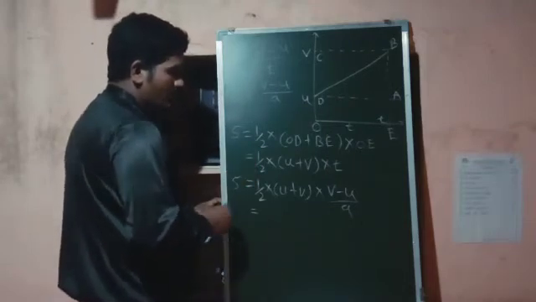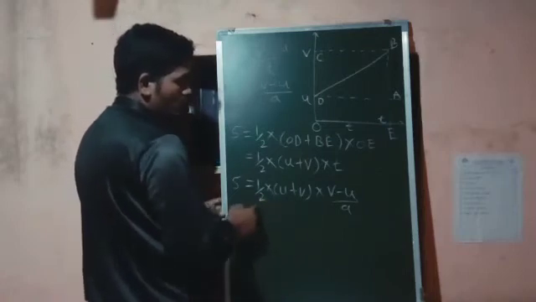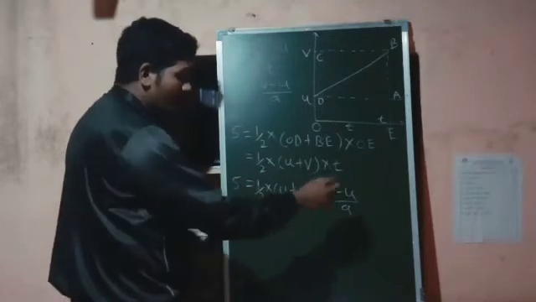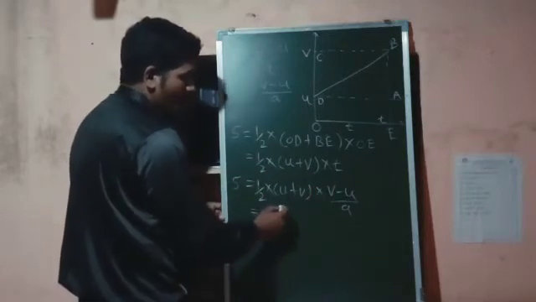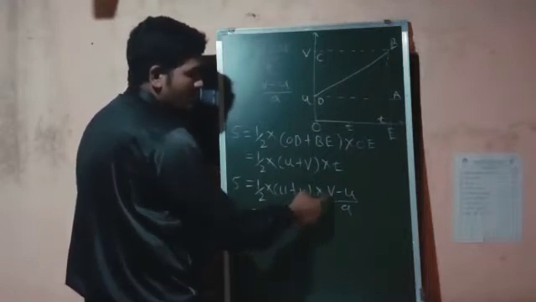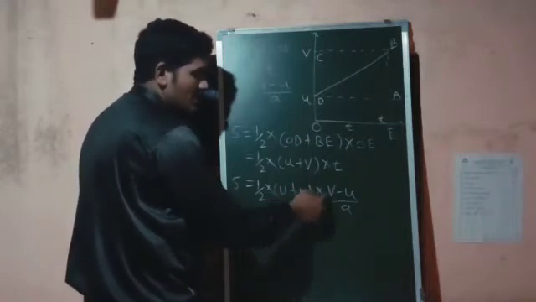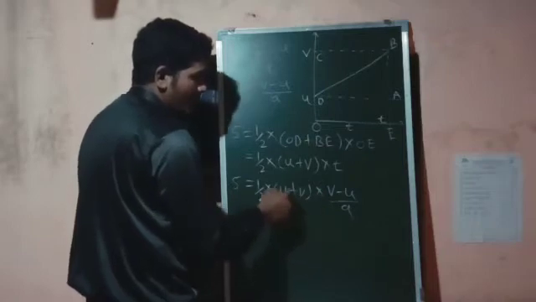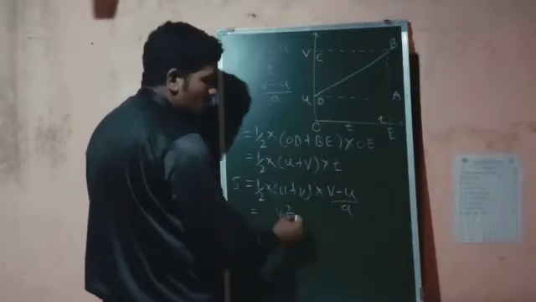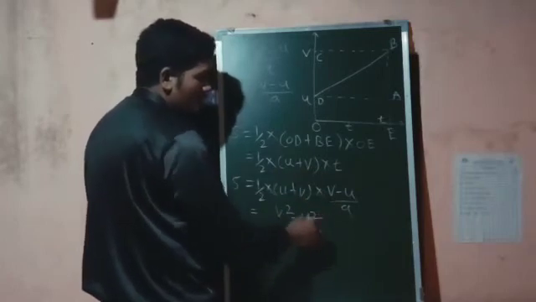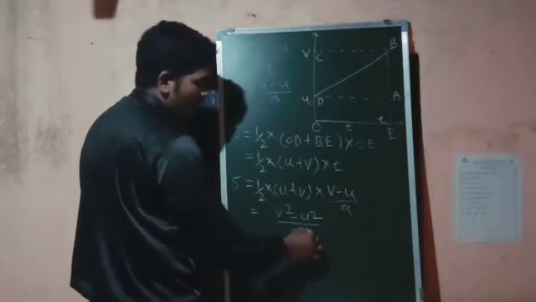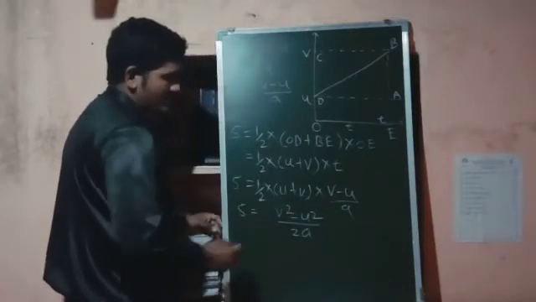Minus U square will be there, and the 2 in the denominator into A in the denominator will be 2A. So I will write in combined form: V square, this plus V into plus V will be V square, and plus U into minus U will be minus U square, upon 2 into A, which is 2A, and your S will be as it is.